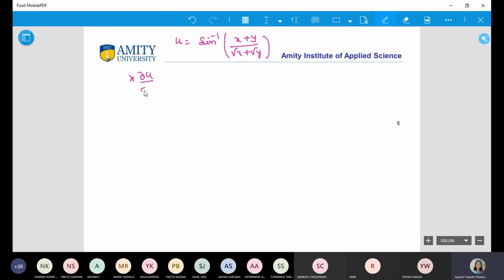What will be this? Please solve by the time I start my Amazon. If you are able to do, paste it in the meeting chat box.